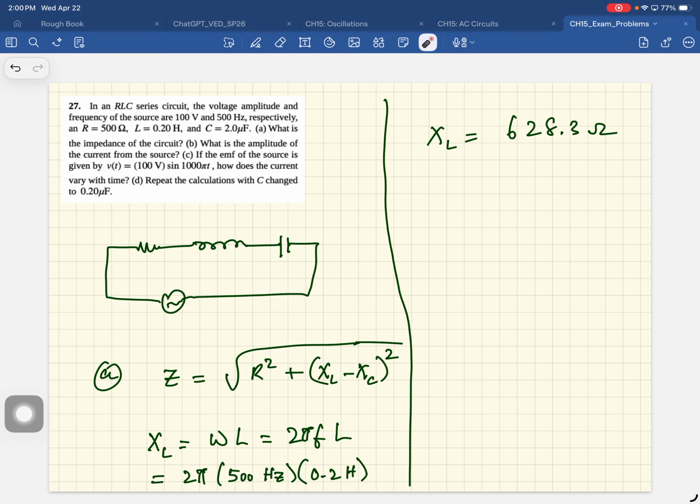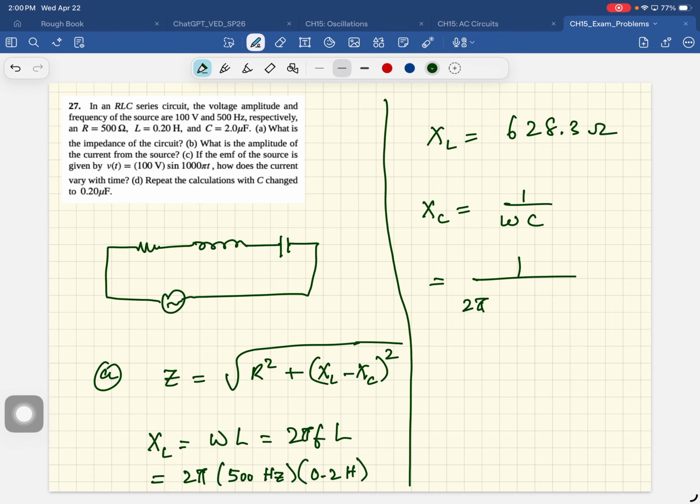We got to convert this to radians. Okay.